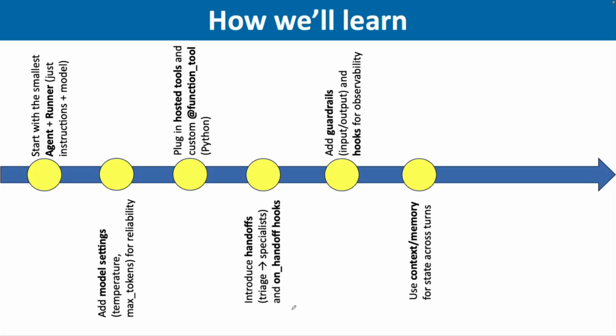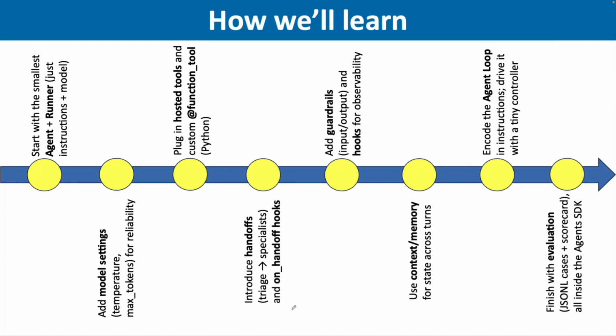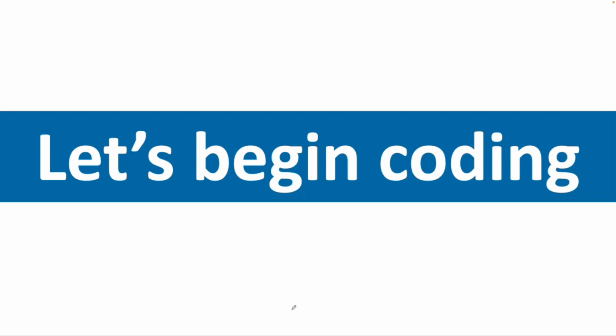Then we will use the context and the memory for state across turns. And then we will encode the agent loop in instructions and drive it with a tiny controller. And finally, we will finish with the evaluation. This evaluation will help us evaluate the agentic application or the solution which we are going to develop. All right, so let us begin coding.